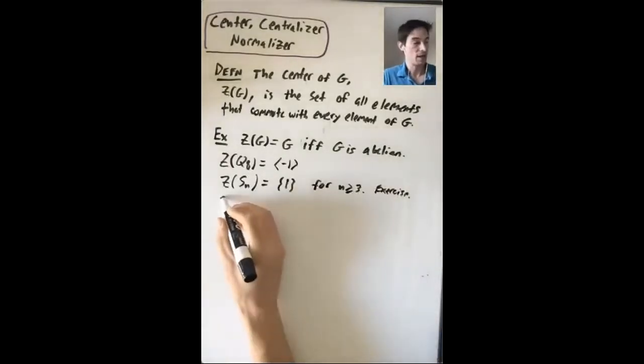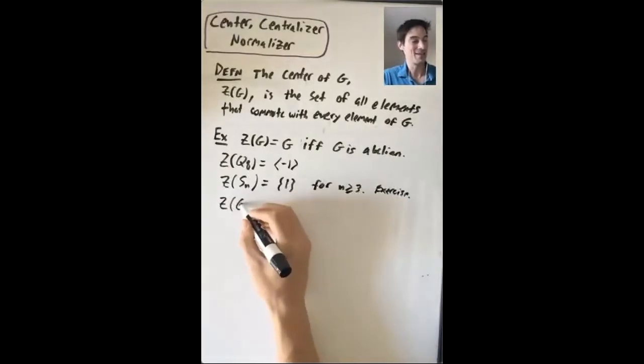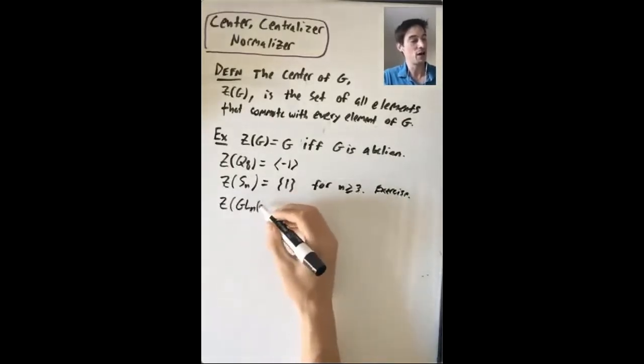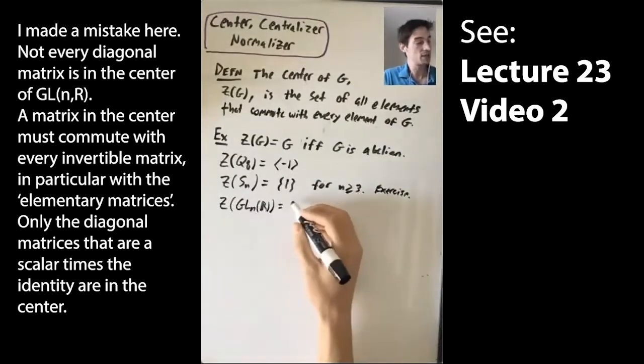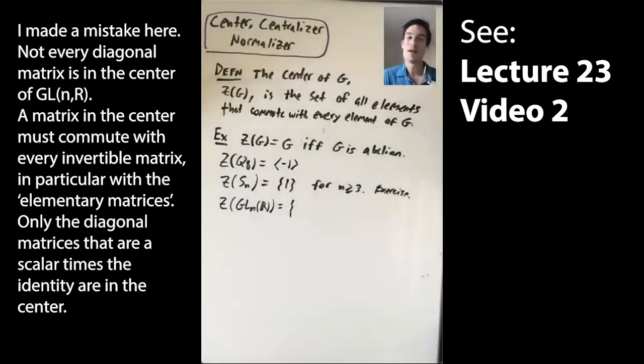Here's another good exercise to do. Let's take GL_n(R), n by n invertible matrices with entries in R. One set of matrices that commutes with all other matrices is the set of scalar matrices, not just multiples of the identity, but any diagonal matrix. And so it's not hard to see that those are in the center.